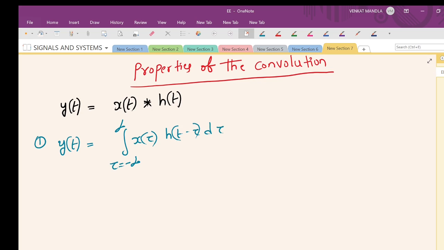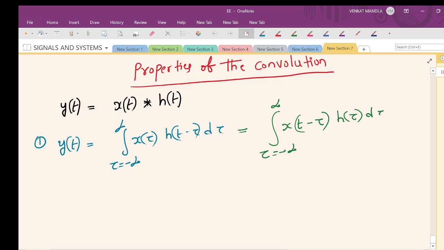Now I can write this equation as the integral from tau equals minus infinity to plus infinity of x of t minus tau into h of tau d tau. I can prove this easily.